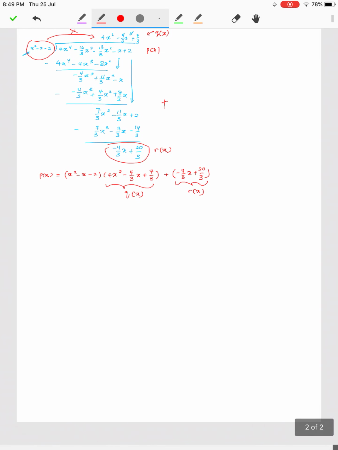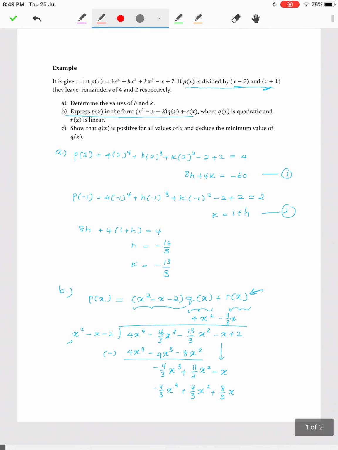In quadratic, showing that qx is positive for all values indicates that you need to show that it is above the x-axis. So by picture it must be like that, so always positive.